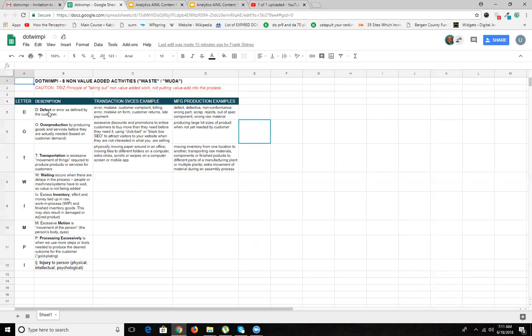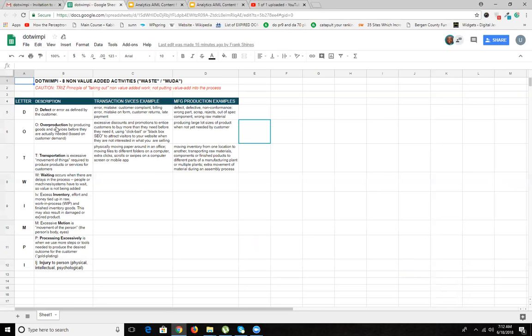A defect is an error or a mistake that we make unintentionally. The O in DOWNTIME stands for overproduction. That's when we're producing more than what the demand of the market wants. So if you're producing more than what the customer needs, then the stuff that they don't buy, you're going to have to put somewhere else, which creates inventory, which is one of the other I's in DOWNTIME.